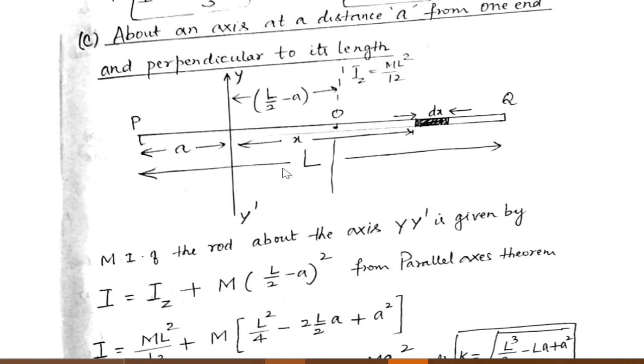So now PQ is a rod, axis YY dash is at a distance a from one end of the rod, and O is the center, and this dotted line is the axis passing through the center, and we know that moment of inertia about this axis, let us call it Z, is ml square by 12, and this is the elemental portion which is at a distance x from the given axis, and the length of this elemental section is dx.